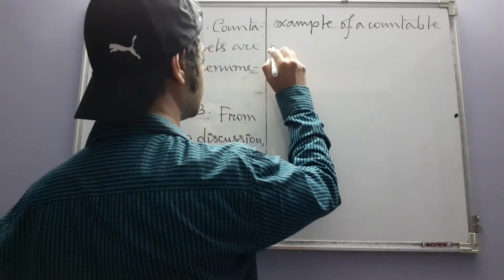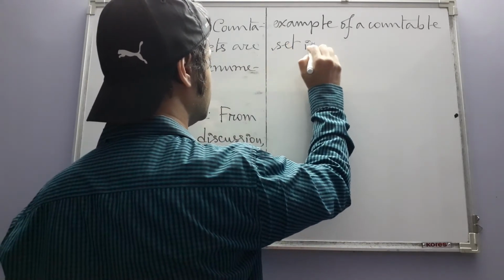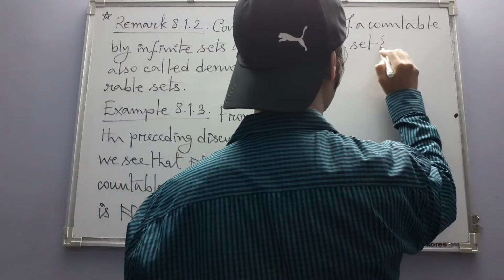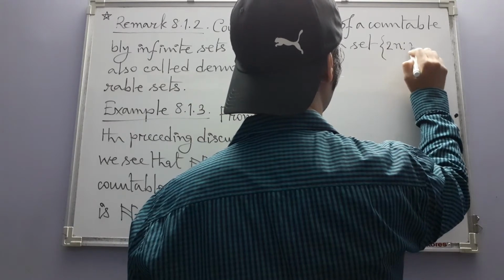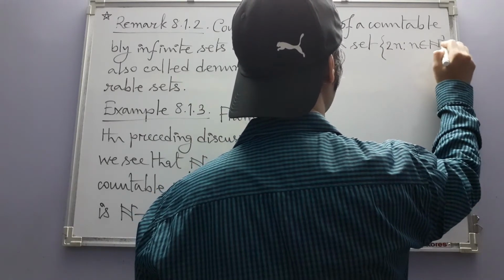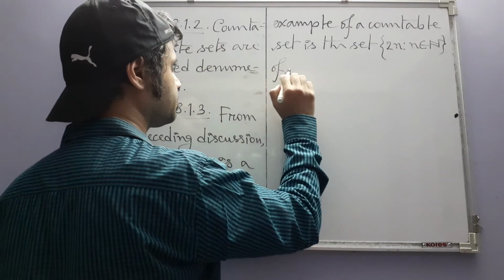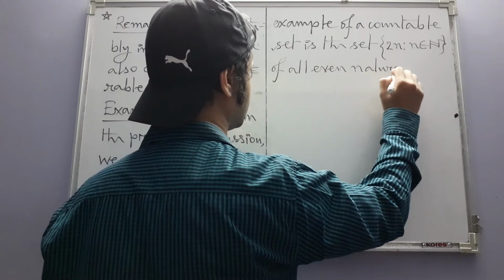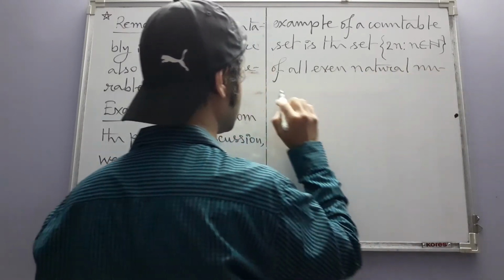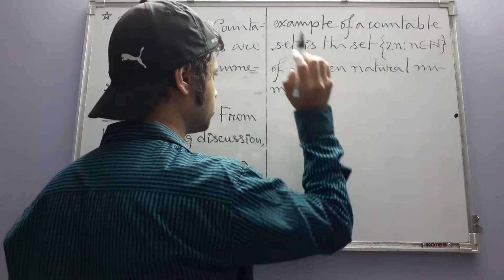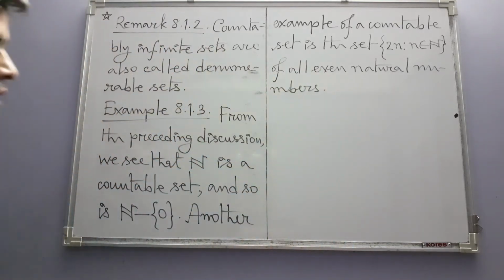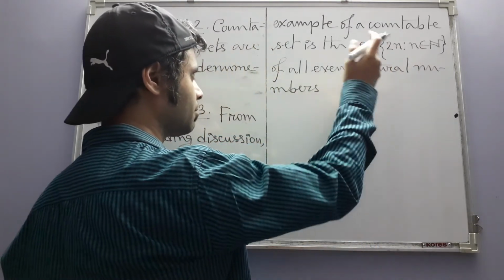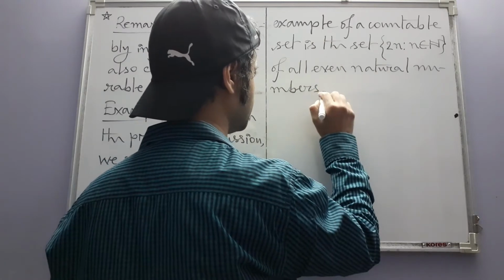Another example of a countable set is the set of all even natural numbers. And the bijection here, in fact, how even natural numbers look, from that itself you can guess the bijection.